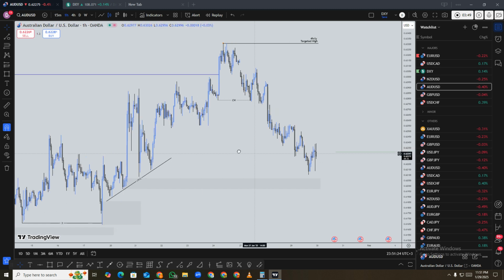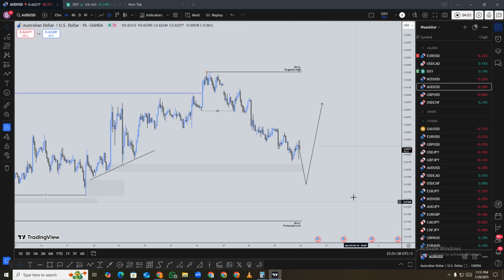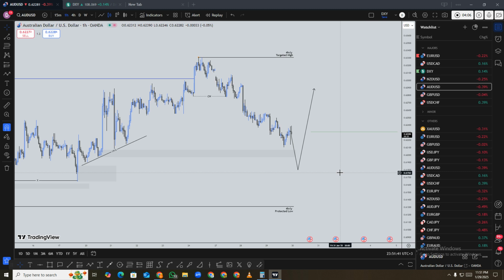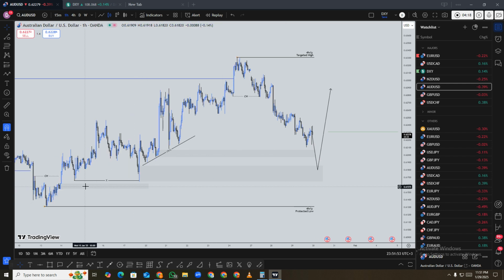So we may see the market run and come to test that zone, and then we get our reversal. That is the trade idea I'm hoping will play out. Otherwise, this is the zone we are looking at, which is the extreme zone.